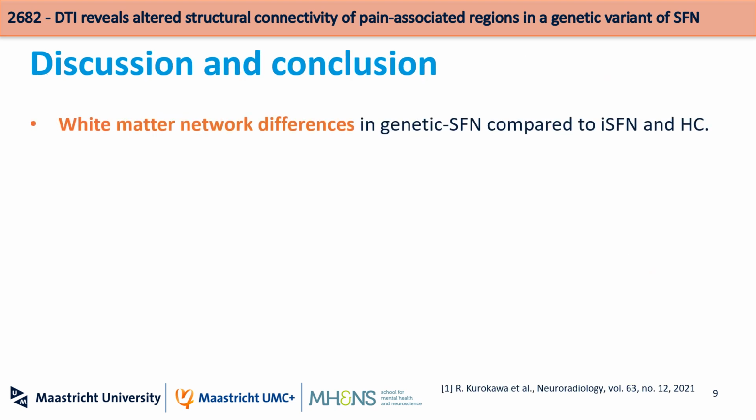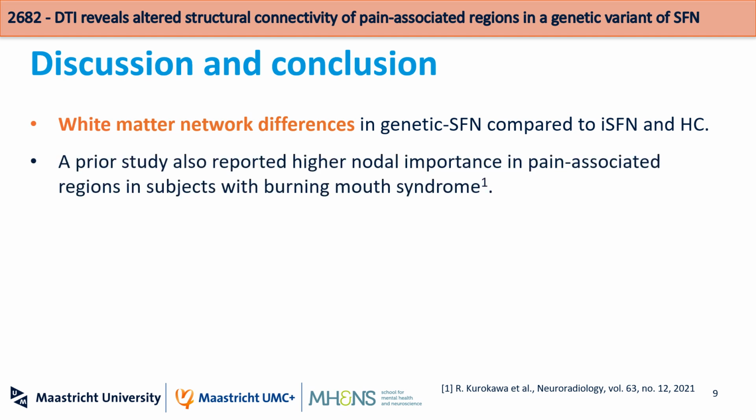To conclude, we find white matter network differences between the genetic SFN compared to the idiopathic and healthy controls. Previously, in a prior study, there was also a node of higher nodal importance in pain-associated regions in subjects with burning mouth syndrome, so a different type of pain.